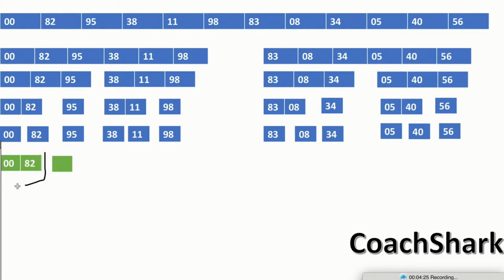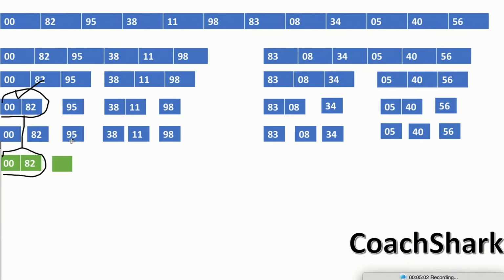So if we compare this 0, 0, 82 with our sub-problem which we got in one of the back steps, 0, 0 is less than 82. This problem is sorted.